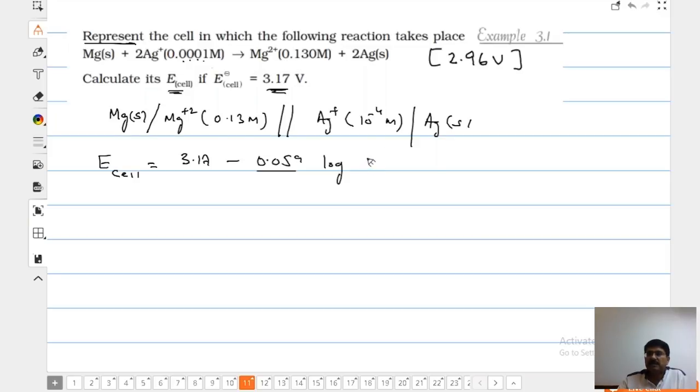Magnesium. So if you don't mind, can I write it 1.3 into 10 raised to power minus 1? It is K, na. It is magnesium 2 plus divided by concentration of silver plus. I hope everyone is clear why it is 2. And this is going to be 10 raised to power minus 4, power 2.